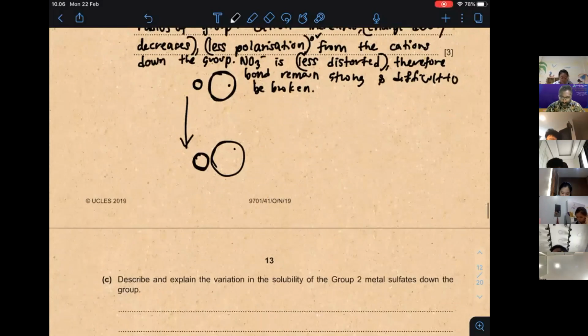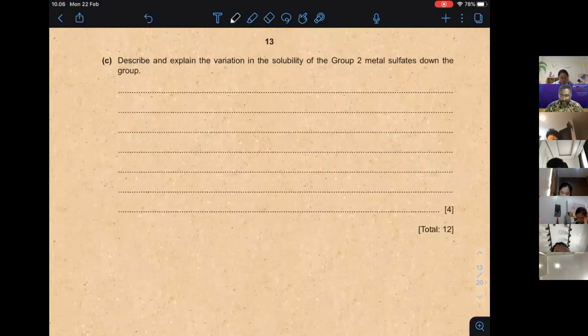The last one, explain the solubility of group 2 metal sulfates. This one is quite easy. Why? Because even if you don't know, group 2 ends with barium, and every chemistry student should know barium sulfate is a white solid.